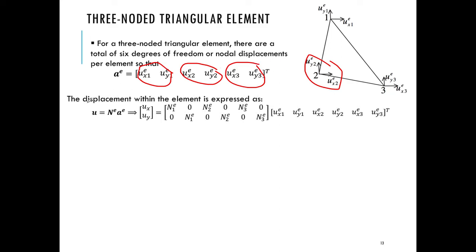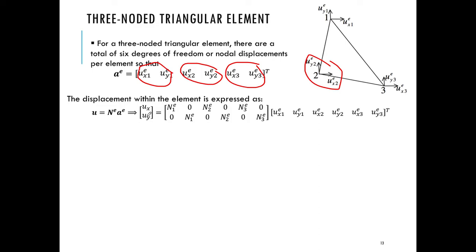My displacement variable then is this A being multiplied by the N matrix, where if I have just 3 nodes, that is n1, 0, 0, n1, and then n2, 0, 0, n2, and so on. If I multiply these two, I do get the expressions for ux and uy.